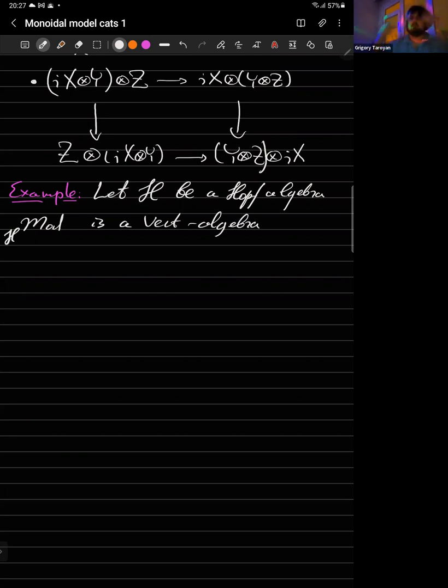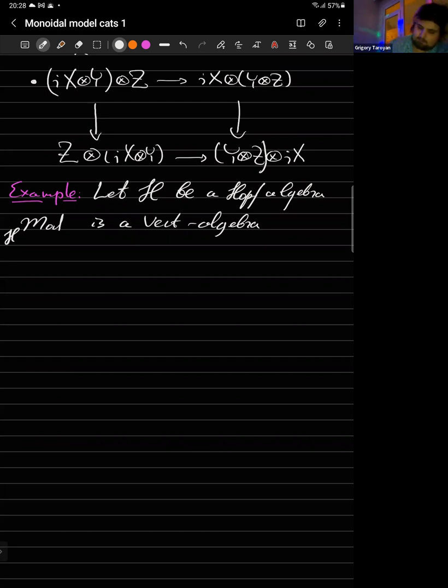For these reasons, we can tensor any H module with a vector space, and this automatically becomes another H module. And of course, we can embed the category of vector spaces as trivial H modules inside of the category of all Hopf algebra representations.